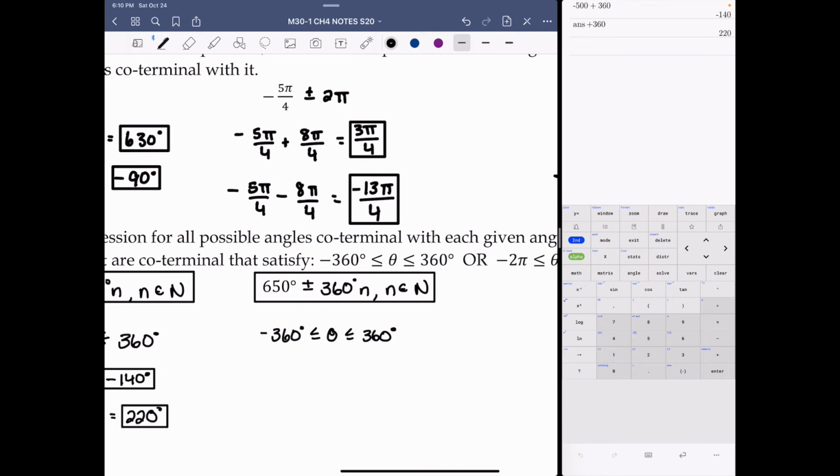Our theta is already more than 360 degrees, so we're going to need to subtract. If we subtract 650 minus 360, we get 290. So that is less than 360 degrees and greater than negative 360 degrees. So it satisfies our restriction on theta. 650 degrees minus 360 degrees equals 290 degrees.